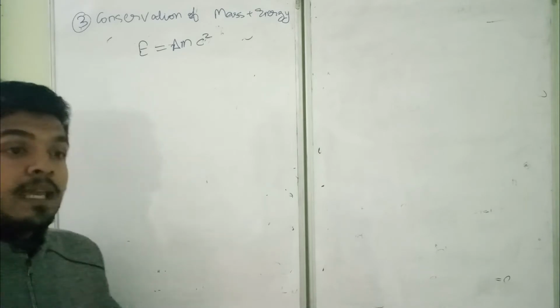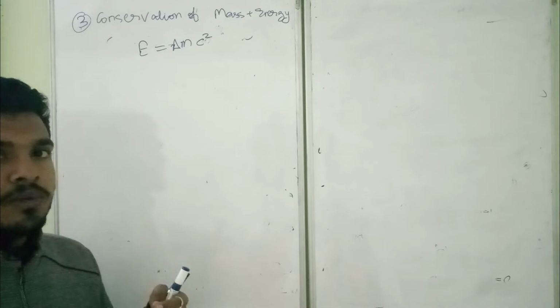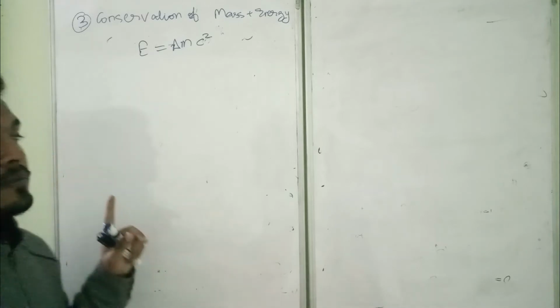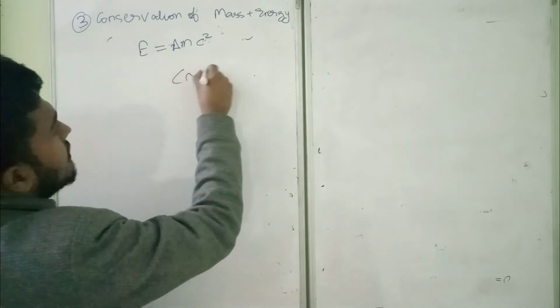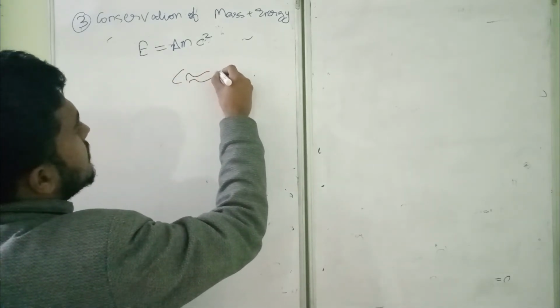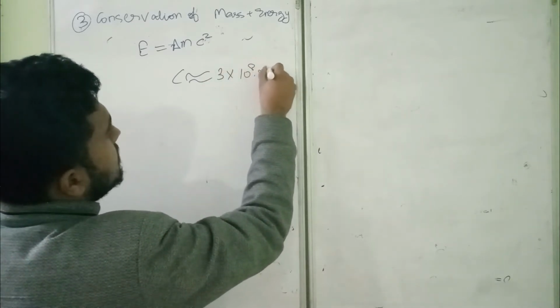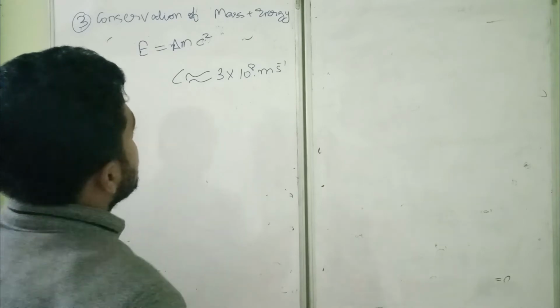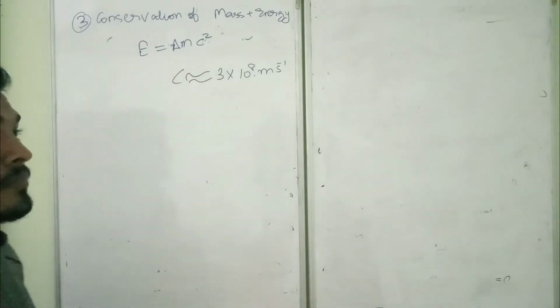But in our daily experience, why don't we see mass converting into energy? Because in this relation c must be comparable to the speed of light, 3 into 10 raised to power 8 meters per second. This is the speed of light, and the square of this.